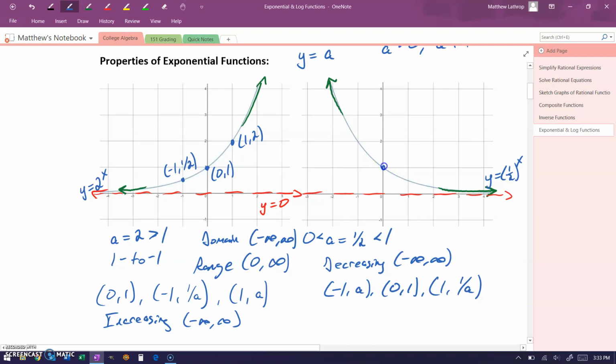In this case, we can see the points (0, 1), (-1, 2), and (1, 1/2). So depending on our value for a, we get a few characteristics of our exponential function that change.